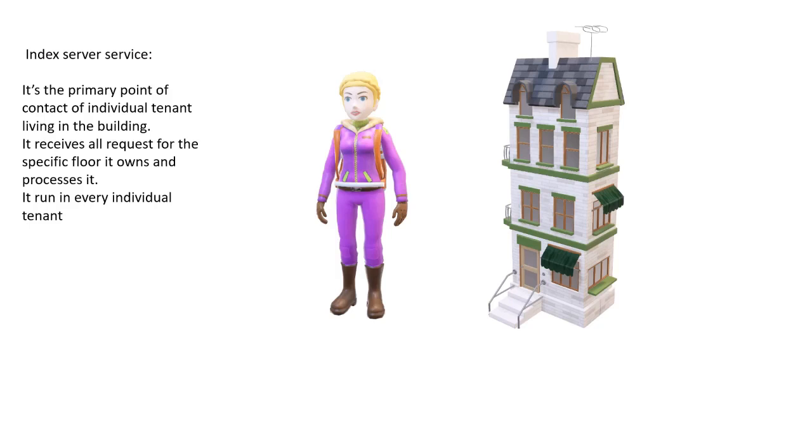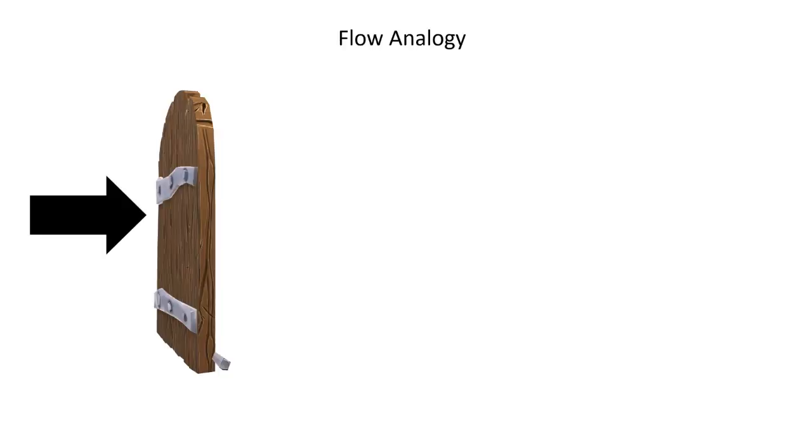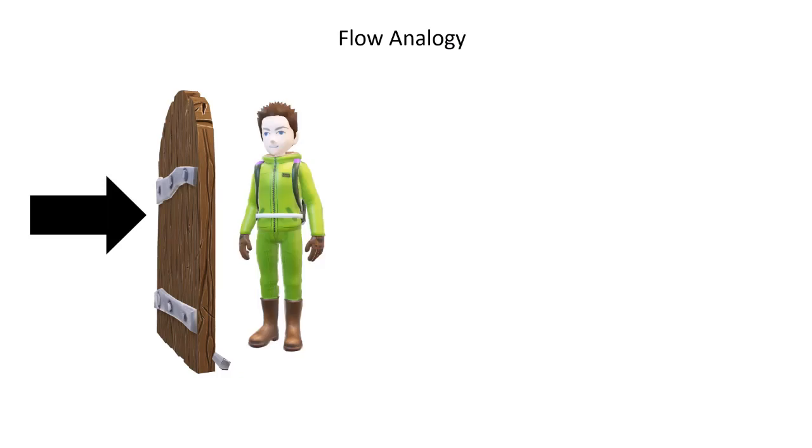We will now see the complete analogy flow so that it will be very well understood how things work. So suppose a request came through the door. The door is our HANA database. An application is trying to make a request, or a person is trying to visit my tenant. As soon as he comes to the door for the first time, he will go to the name server. He'll ask, hey, I have come to meet so-and-so person, or I have come to do business with so-and-so person.